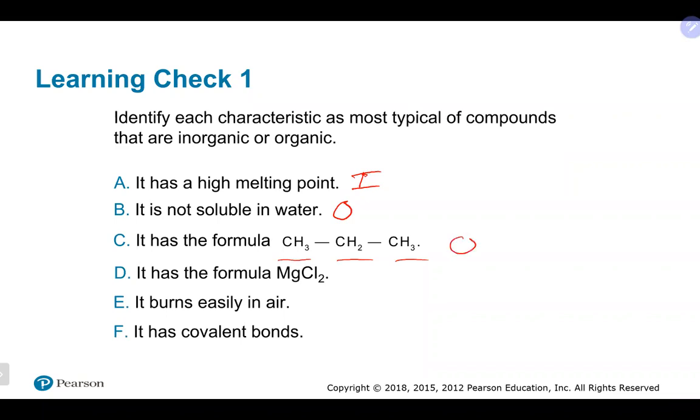This is an ionic compound, which would be inorganic. If it burns easily in air, it should be organic. And if it has covalent bonds, it should also be organic. Again, inorganic compounds like ionic compounds don't share electrons, they transfer electrons. And again, it's that positive-negative attraction like we've talked about previously. Any questions on that one?